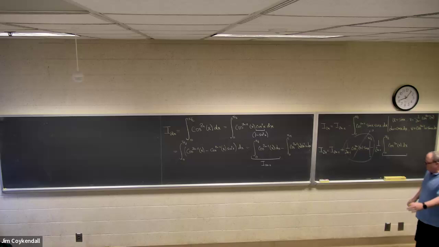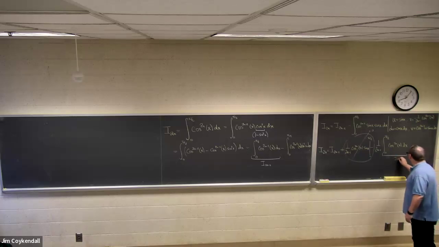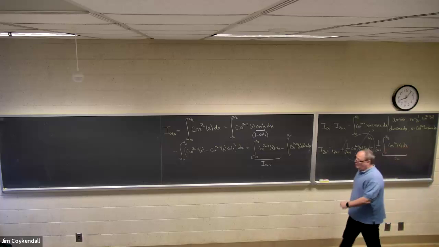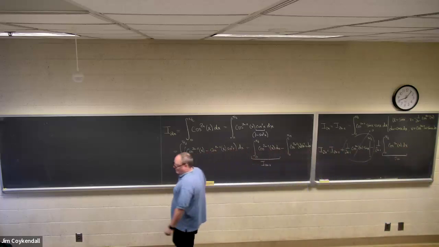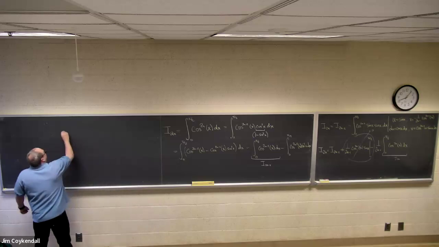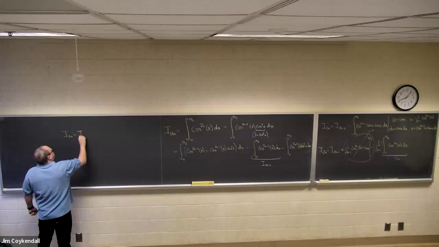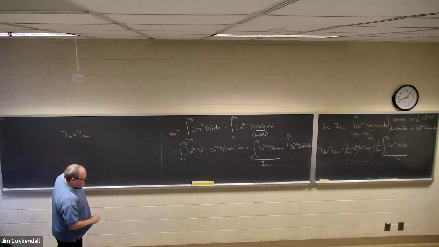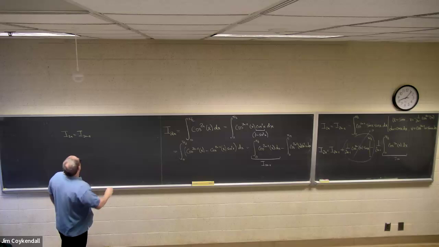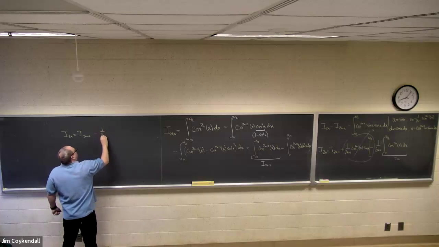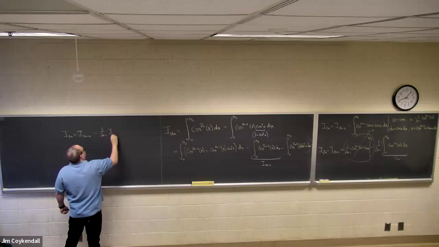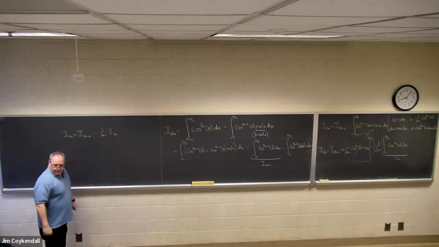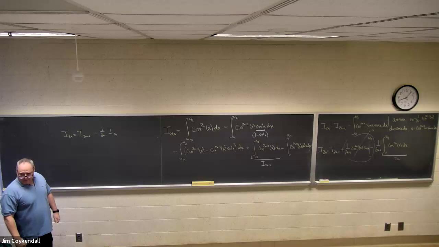That's right, this is just I2n. So I've reduced this all to algebra in the following sense. This equation becomes I2n is equal to I2n minus 2 minus 1 over 2n minus 1 I2n. Everybody agree with that?